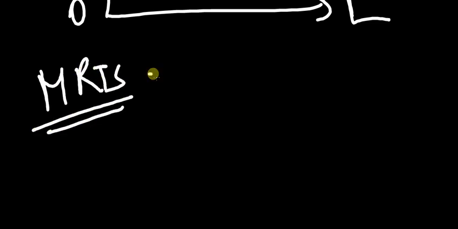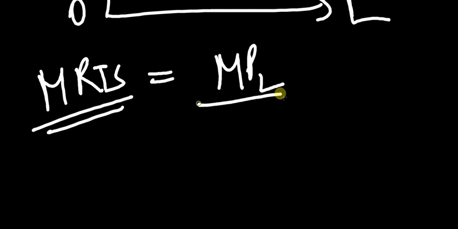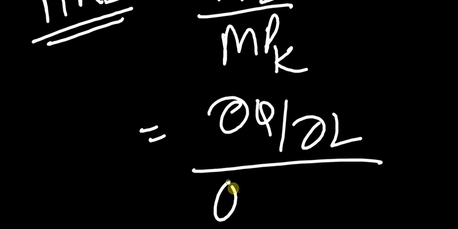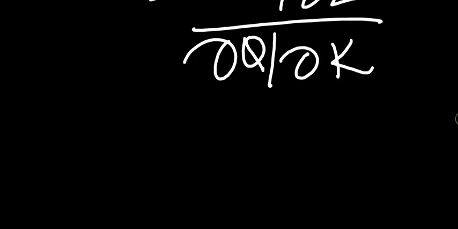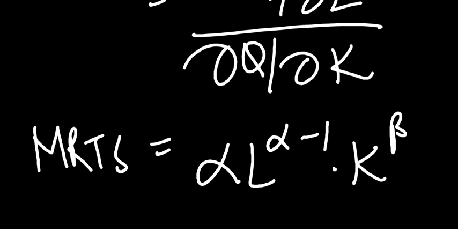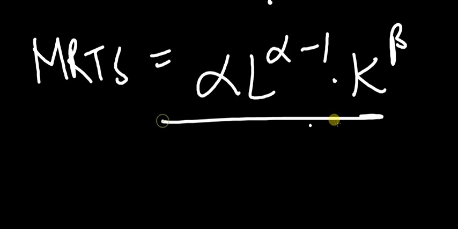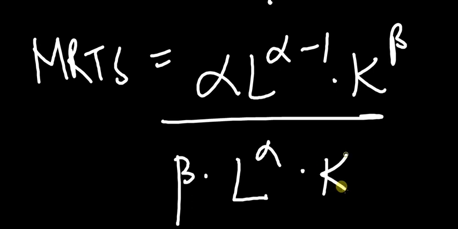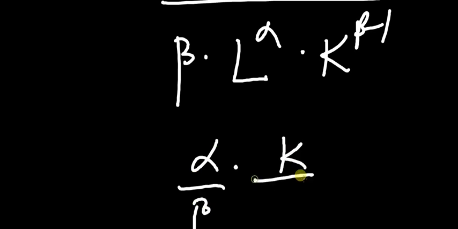So MRTS will be MPL by MPK, which is how output changes when labor changes over how output changes when capital changes. So differentiate the function with respect to L, you will get this; differentiate it with respect to K, you will get this; when you solve you will get this. So this is MRTS.